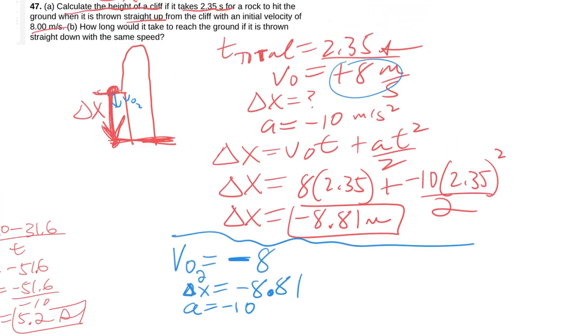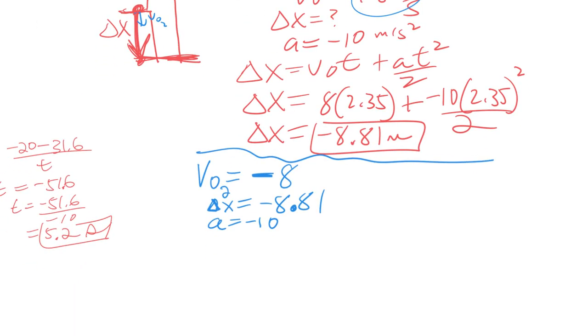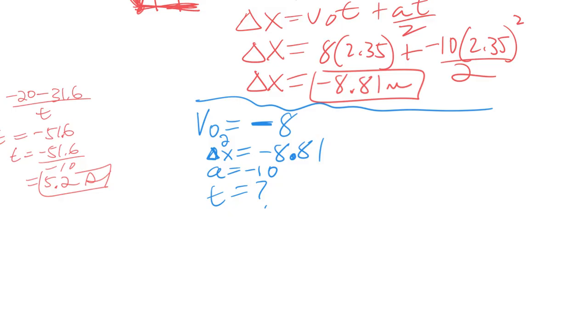Wait. Oh, I'm looking for the time. So, I don't know what VF is. Yeah, this looks like I'm going to have to use the quadratic formula. So, delta x equals VOT plus AT squared over 2.